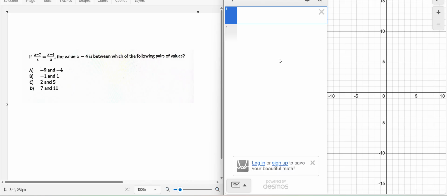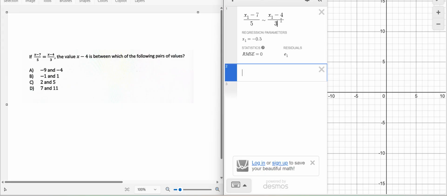So what we'll do here is the shortcut: we'll do x1 minus 7, we'll just copy from the question 5, and then we'll put the regression, and then x1 minus 4 upon 3, and as you can see we got the value of x1 so easily and fast.